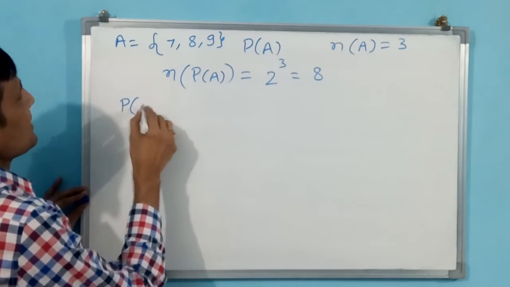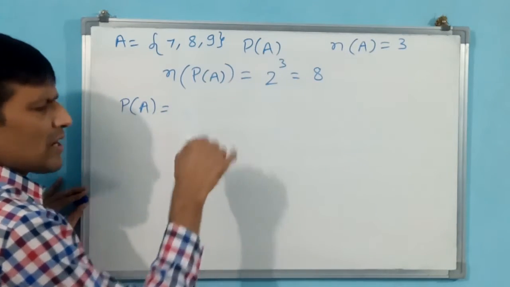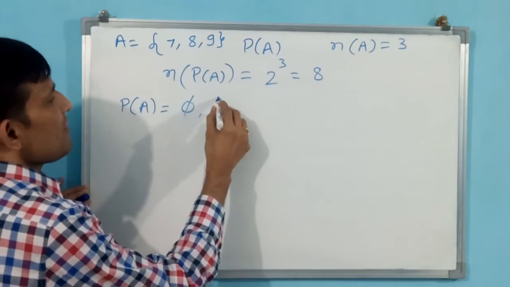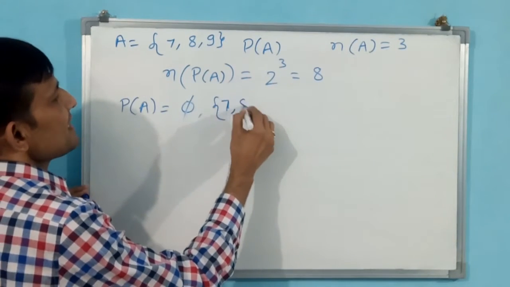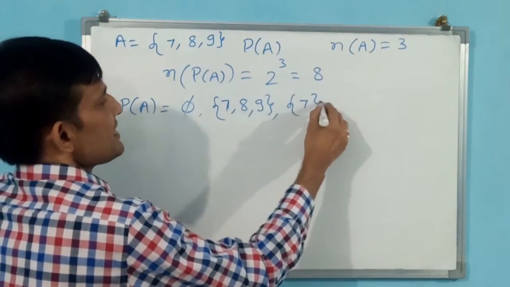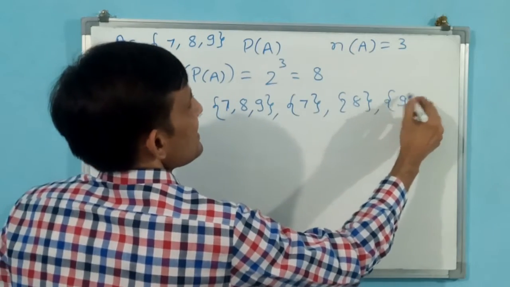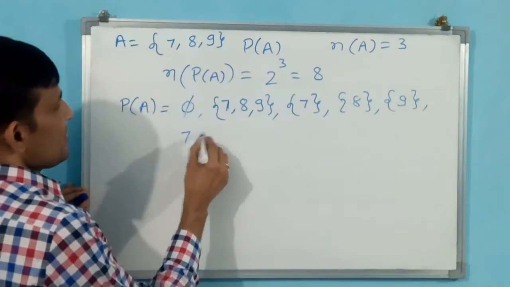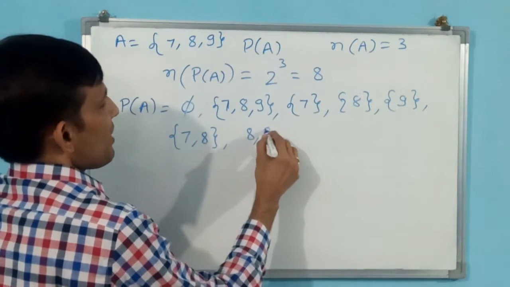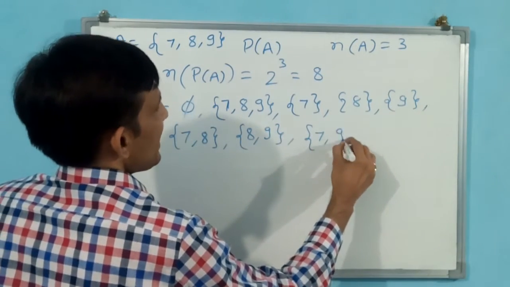Power set of A is equal to, I told you first you take the empty set, then {5} is one set, {7, 8, 9} is one set. Then {7} is one set, {8} is one set, {9} is one set, {7, 8} is one set, {8, 9} is one set, {7, 9} is another set.